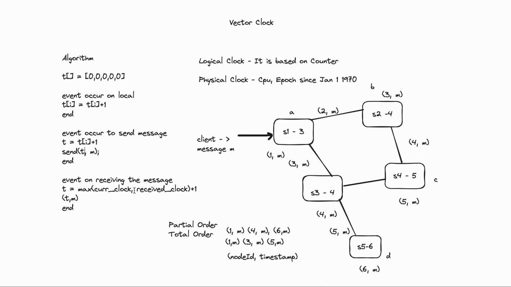On receiving the message, let's say here, we take the current clock of J and the received clock of J, and we get the maximum of this vector counter.